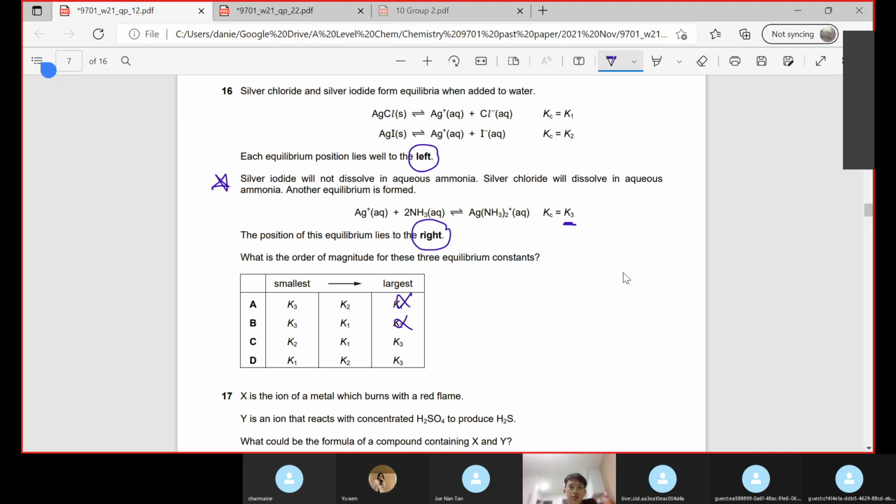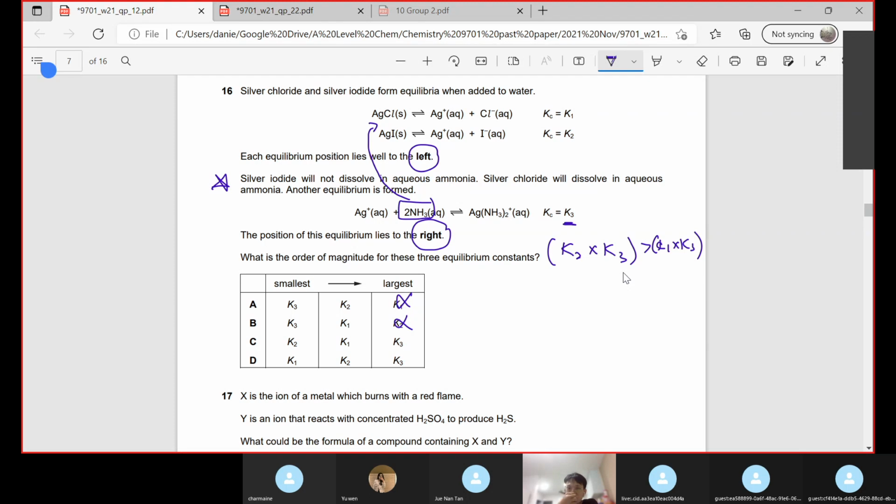So that means K2 multiplied with K3 is smaller than K1 multiplied with K3. Why multiply? Because we add the ammonia. We add ammonia to the silver chloride and the silver iodide, right? We will get another new equilibrium.